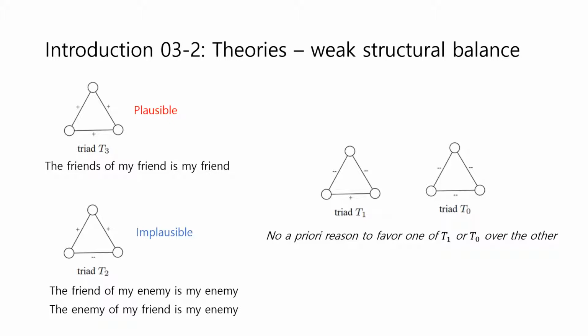In contrast, since there is no assumption about the enemy of an enemy, there is no prior reason to favor one of type 1 or type 0 over the other. With experiments over large-scale datasets, they found that weak structural balance explains signed networks better than the original structural balance.